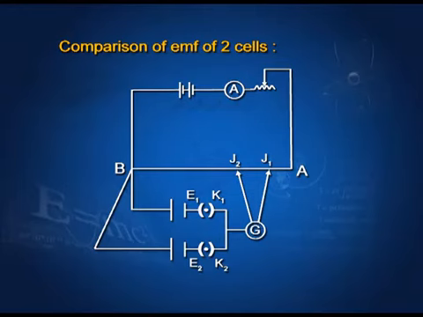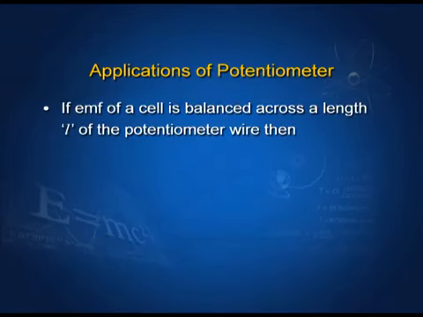So, we measure EMF using the potentiometer, whereas we measure the terminal potential difference of the cell using a voltmeter. Here is a diagram for the situation. If the EMF of the cell is balanced across the length L of the potentiometer, then E equals K into L. Here K is the potential gradient of the wire.